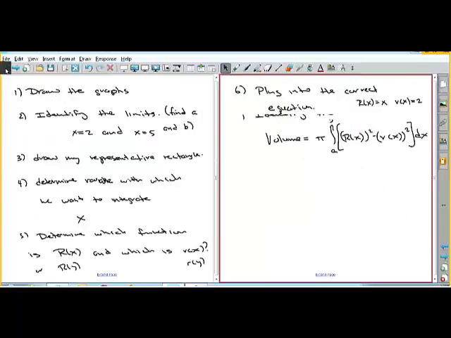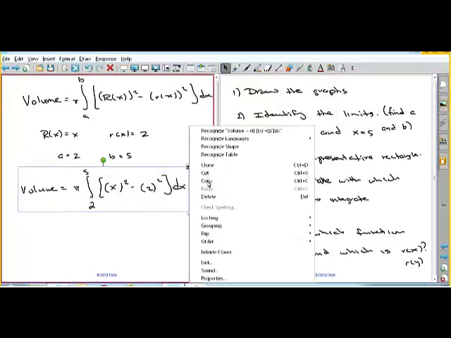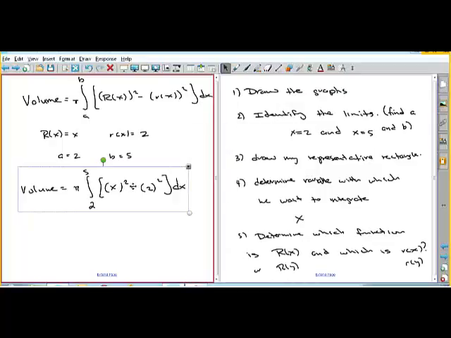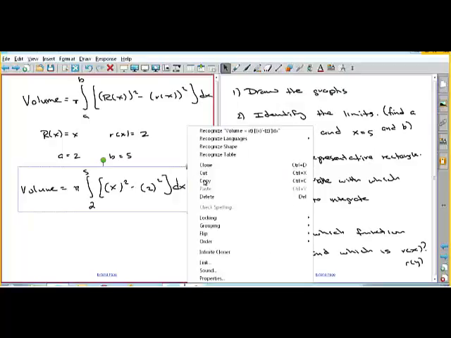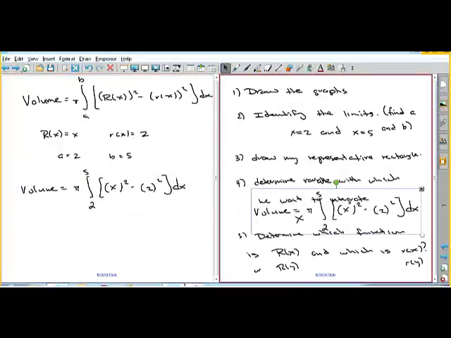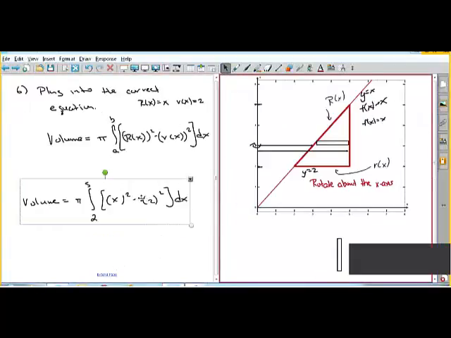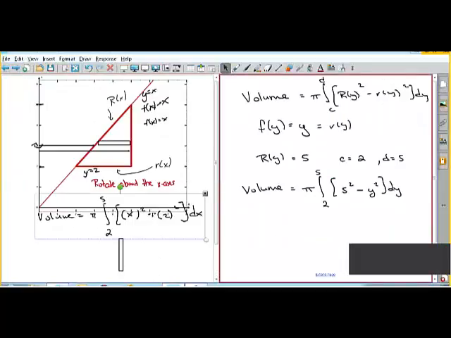Now let's compare that with what we had when we did it the other direction. Let me copy that over. For some reason it won't copy, so I'm just having to drag it over.